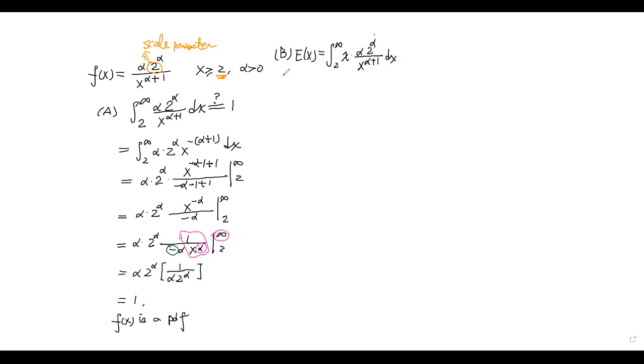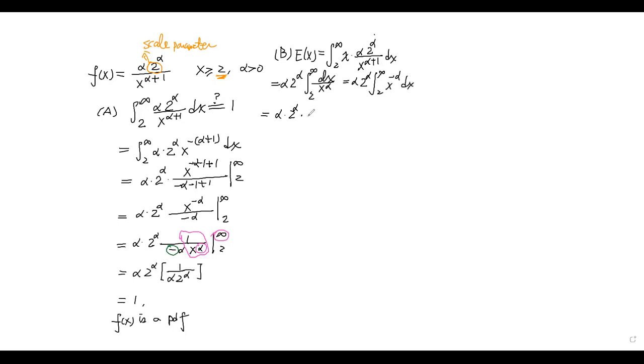We can move the 2 alpha to the front, and then x times x to the negative alpha plus 1 becomes x to the negative alpha, and the dx, from 2 to infinity.